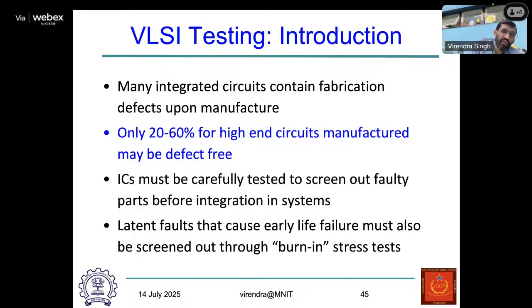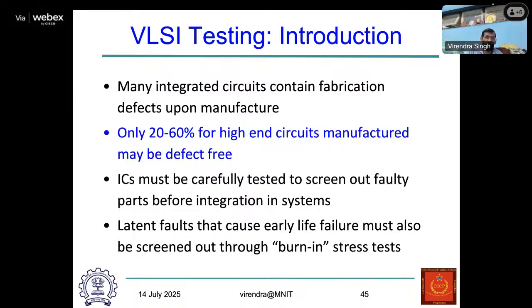Because only 20% of parts are useful and can be shipped to the customer, you are getting revenue from only those 20%, and therefore the per part cost may go 5 times compared to the case wherein all the parts you are manufacturing are non-defective. So that is the big concern of VLSI test engineers: how to ensure that no defective part will go to the customer.